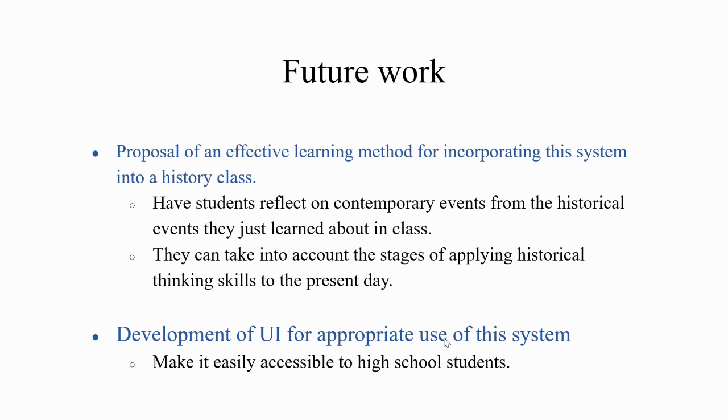The second is development of a UI for appropriate use of the system. The system will be made available in a simplified manner by displaying similar causal relationships after entering the system and selecting a category. That concludes our presentation.